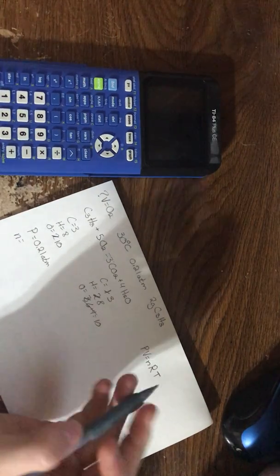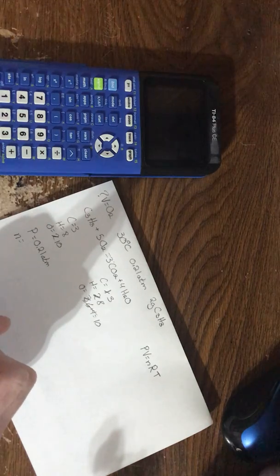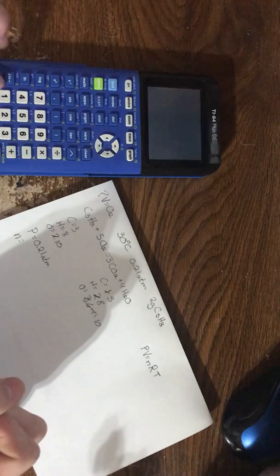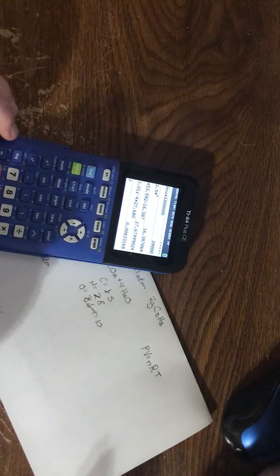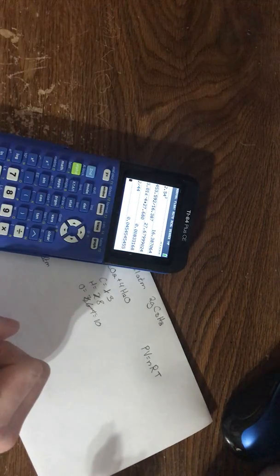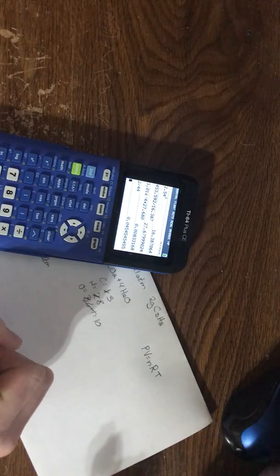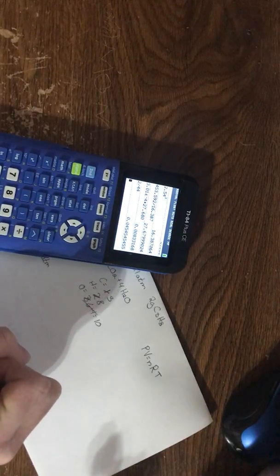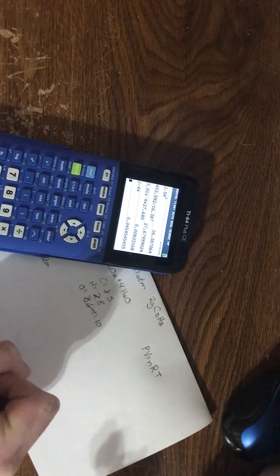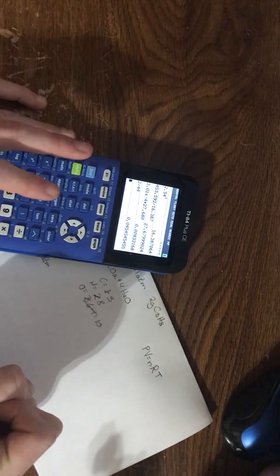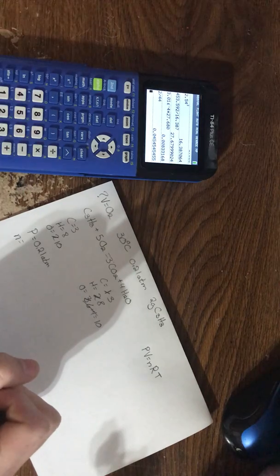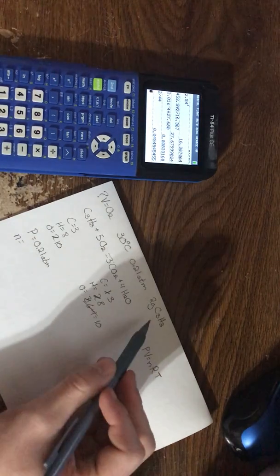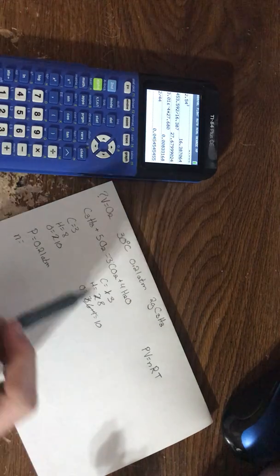But we only have 2 grams, so do 2 divided by 44, and you get 0.0455 moles of propane.